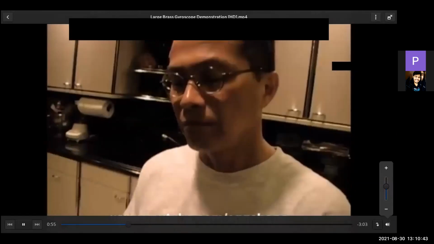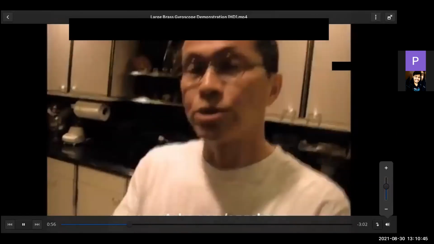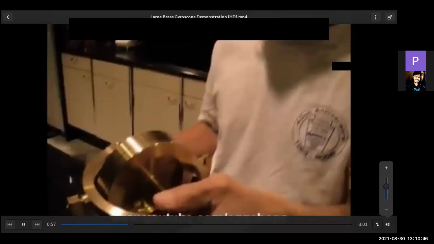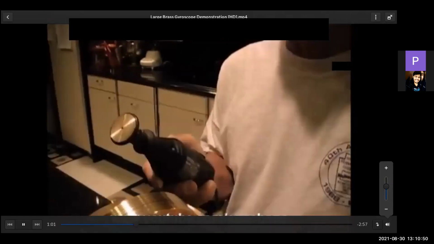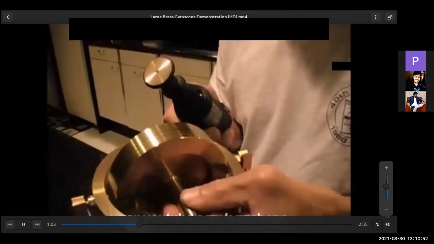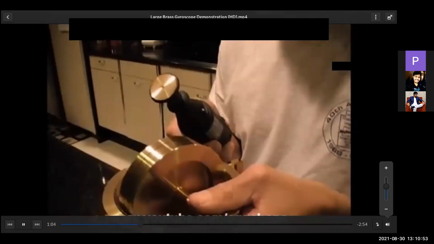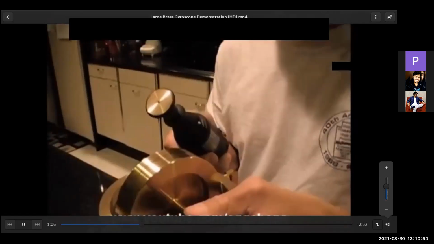Now, what I'm about to do is spin this gyroscope using a Dremel with a little rubber wheel on this. And I can get this to spin at anywhere between 3,000 to 6,000 revolutions per minute.